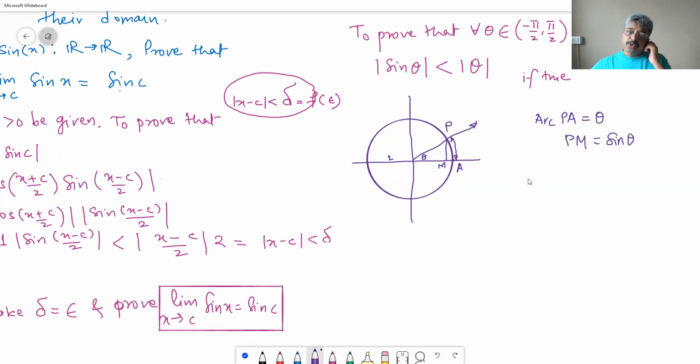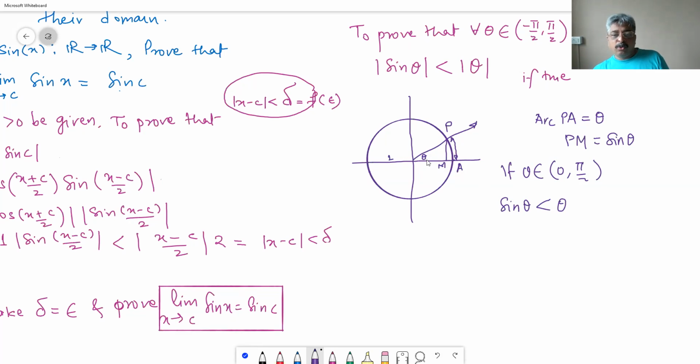Right? So if theta belongs to 0 to pi by 2, sine theta is less than theta. Of course, geometrically we are doing it.